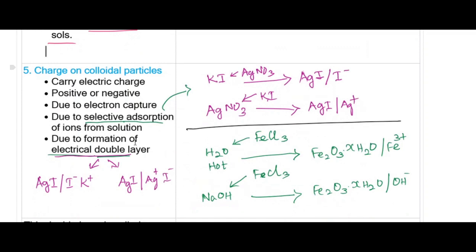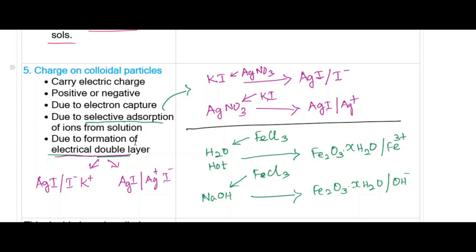So colloidal particles generally carry electric charge. It can be either positive or negative. Due to electron capture, they get this capability. This electric charge can be explained by various theories.